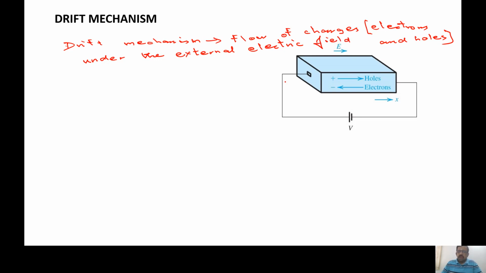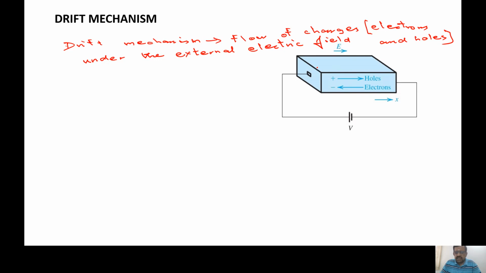Okay. In the picture, what I have shown here is a semiconductor with a cuboid shape, and across this semiconductor, I take metal contacts and connect them to a DC source, and therefore I apply a field across the semiconductor.